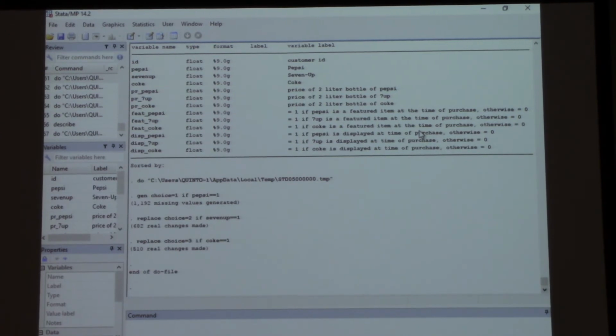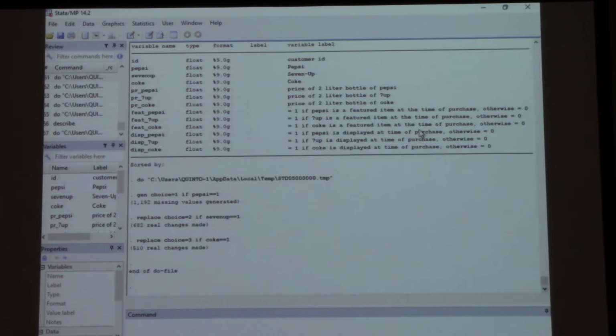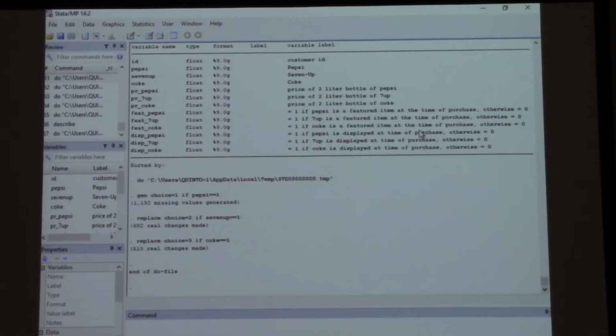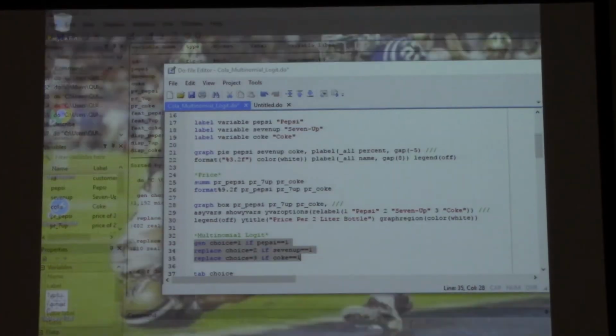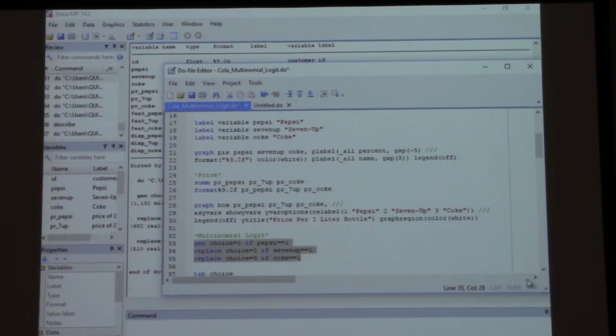There, the order matters. Or do you agree or not agree with a statement? 1 is agree, 2 is neutral, 3 is disagree, or some measure where the order of the responses actually matters. Here, it doesn't matter, so that's a big difference between those two kinds of models. We'll get to that now.